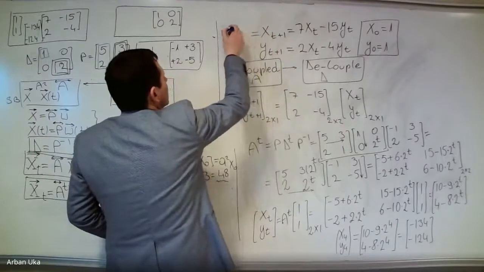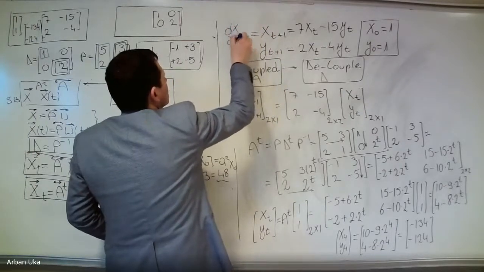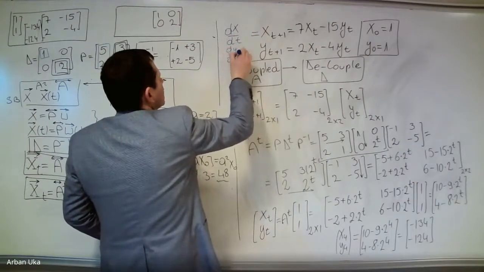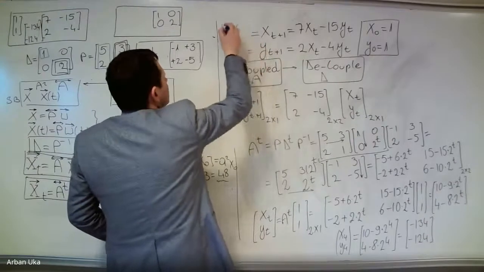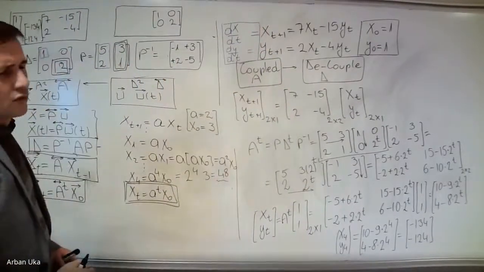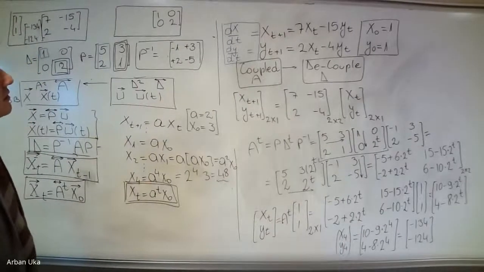So in blue, I can write the following. I can say that dx over dt, or we can say that dy over dt. So these are a couple of differential equations which are coupled, which we are going to do together, most probably next session. Okay.